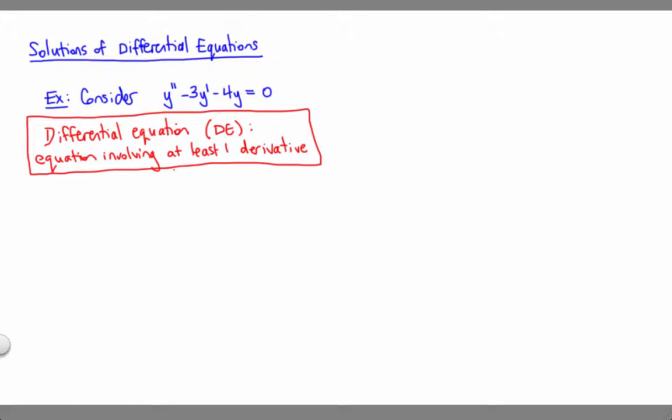A differential equation, or DE for short, is an equation involving at least one derivative. We can see in our example we've got an equation that involves both the second and the first derivative of y, so that's definitely a DE.